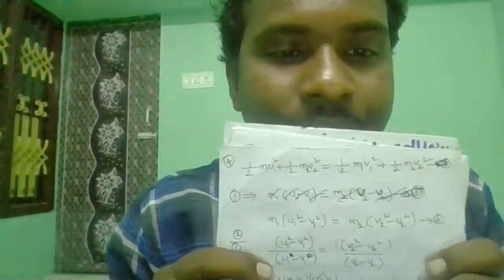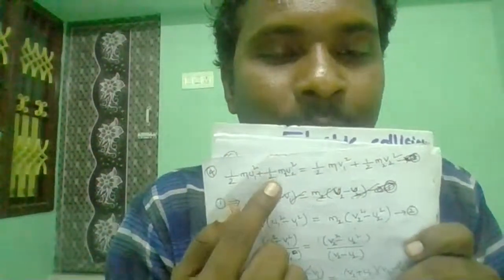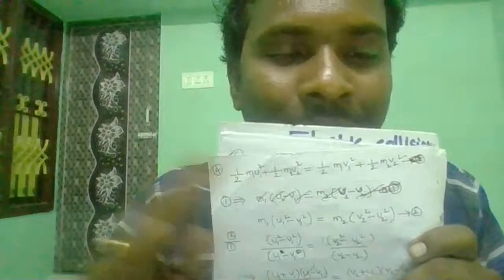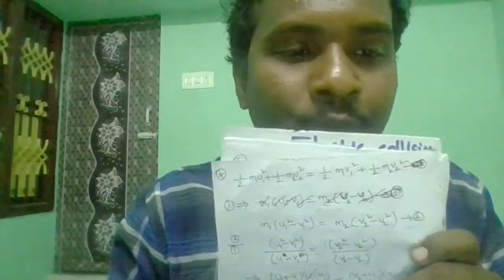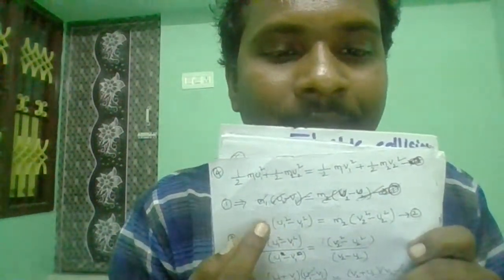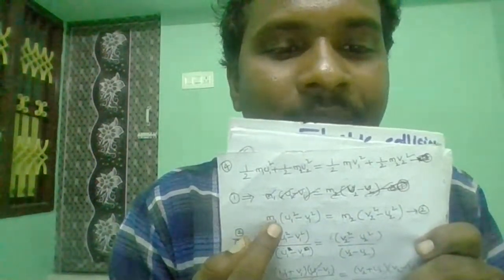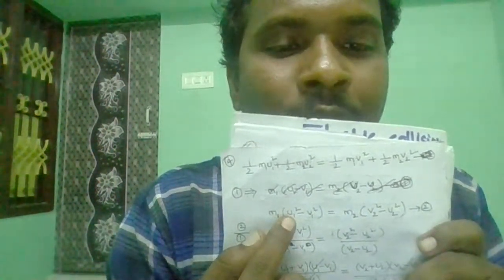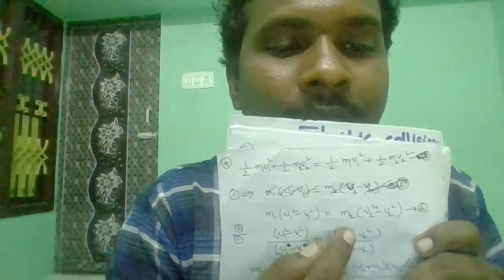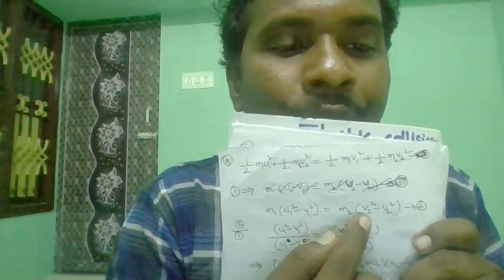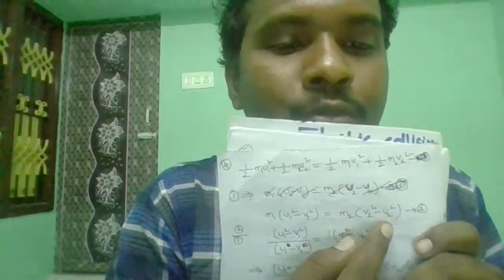Right? In kinetic energy also like this. We keep m1 on one side and m2 on the other side. So m1 is common, m1 times u1 square minus v1 square equals m2 times v2 square minus u2 square.